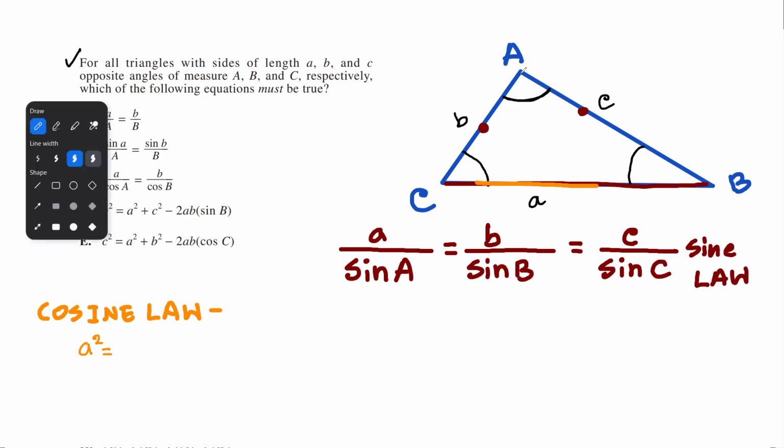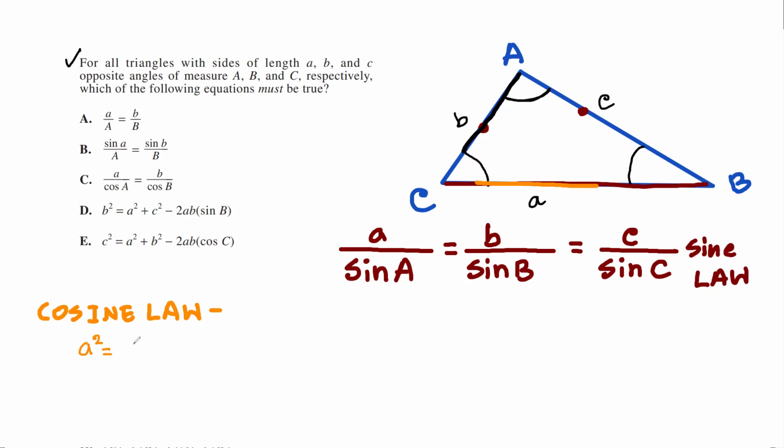So you'll write b squared plus the other side c squared, and my bad, this will be a negative sign, minus 2 times b times c times cosine of the angle which is in between b and c. So that's A, right? So cosine of A.